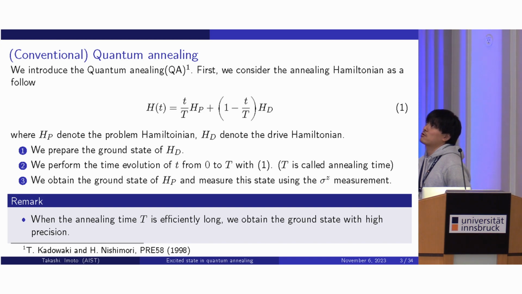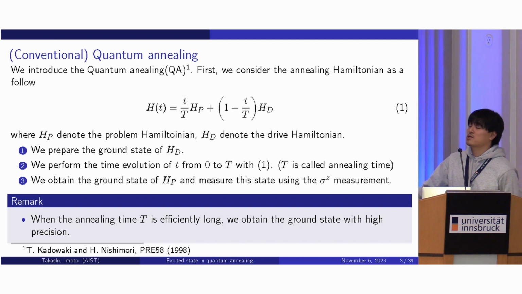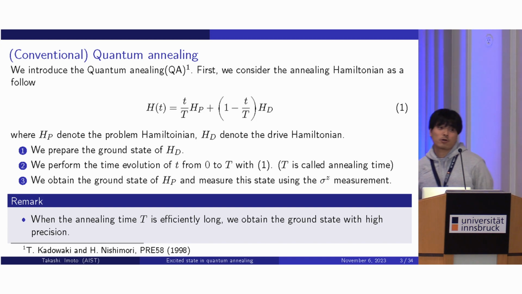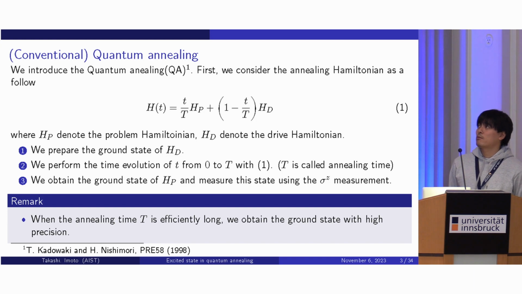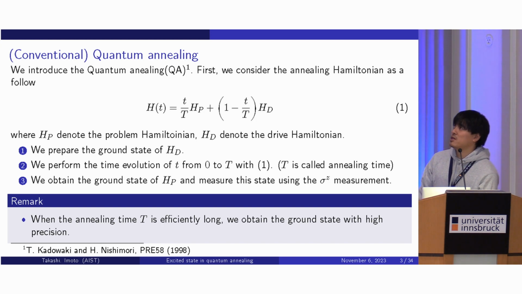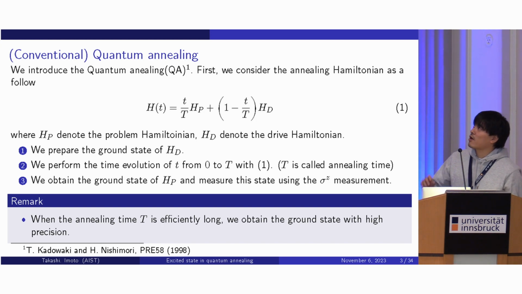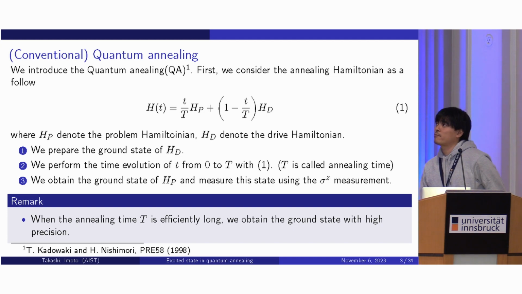Conventional quantum annealing consists of 3 steps. First, we prepare the ground state of the driver Hamiltonian. Next, we perform the time evolution of t from 0 to capital T with this annealing Hamiltonian, and capital T is called the annealing time.